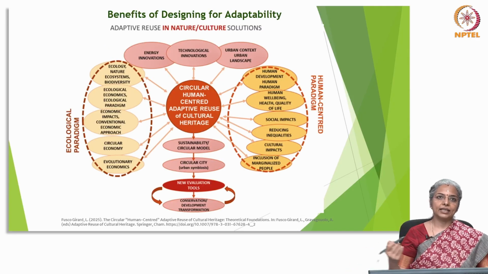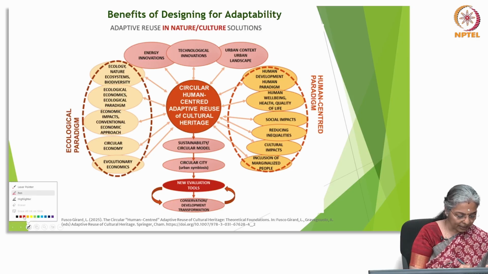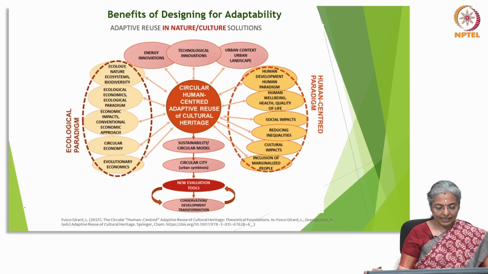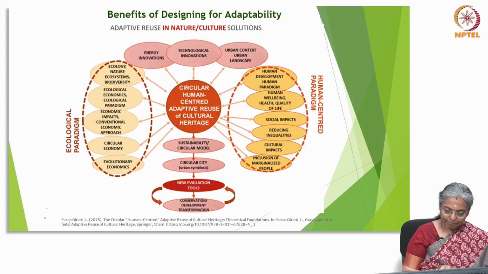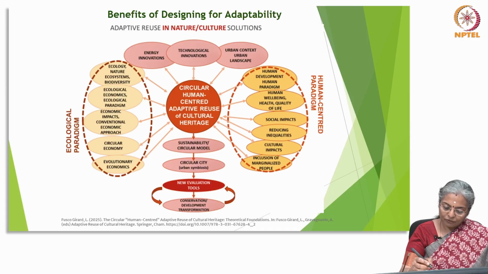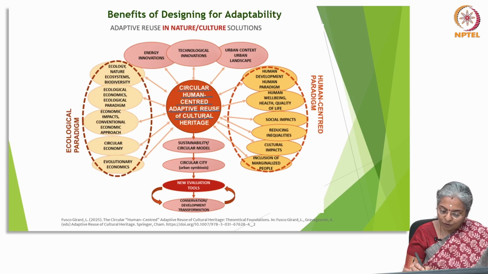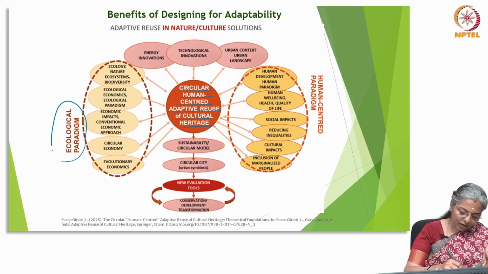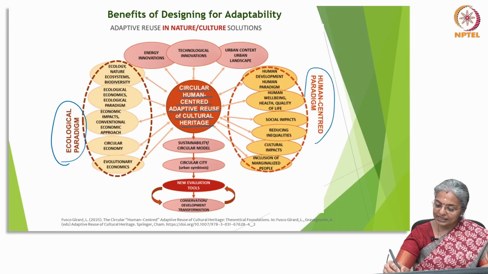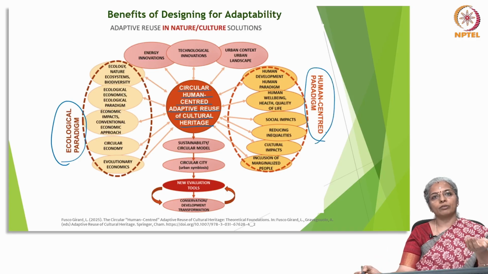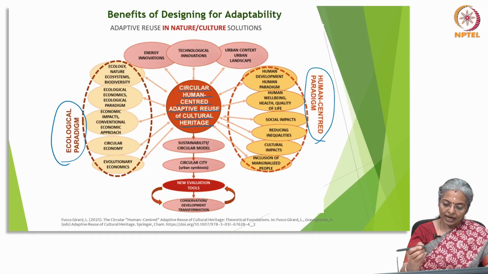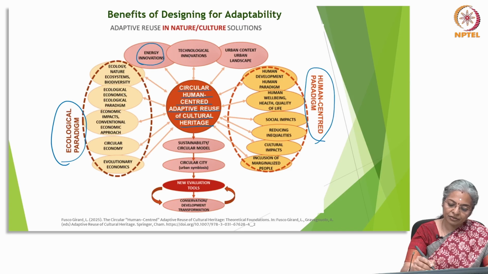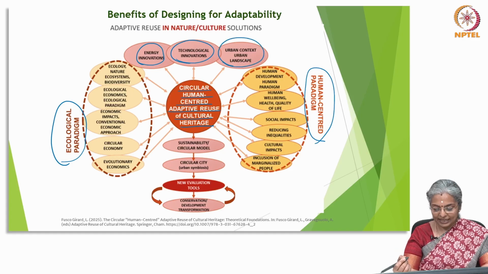Now, if you look at the benefits of design for adaptability, you can see that if we are looking at a circular human centered adaptive reuse of cultural heritage model, it comprises of the ecological paradigm, the human centered paradigm, because after all whatever we design is for human beings, and the other aspects include energy innovations, technological innovations, urban context and urban landscape.